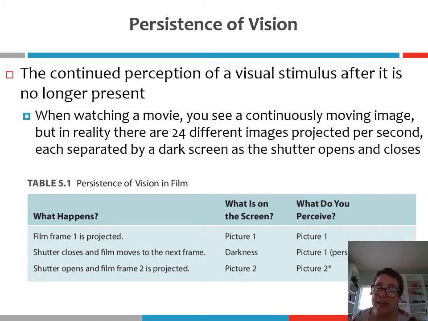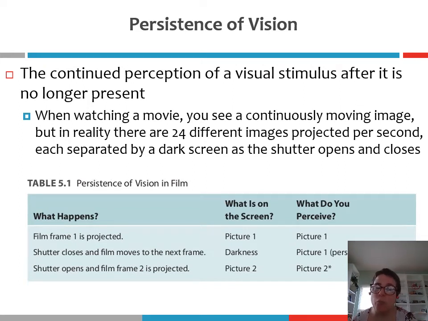But in reality, there are 24 different images projected per second by a film projector. And each of those 24 images projected per second is separated by a dark screen, basically, that's created when the shutter of the projector closes.